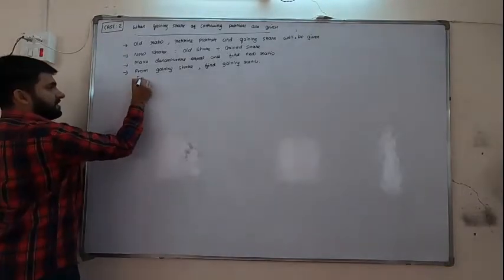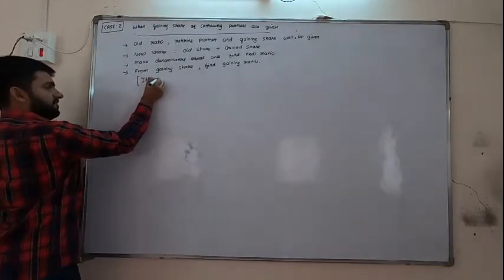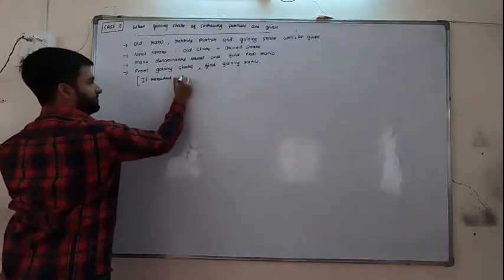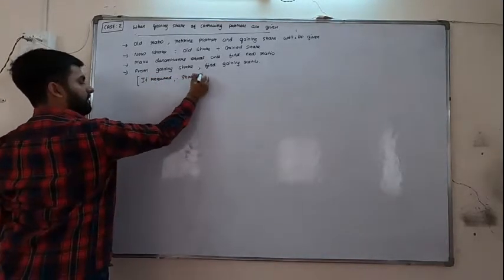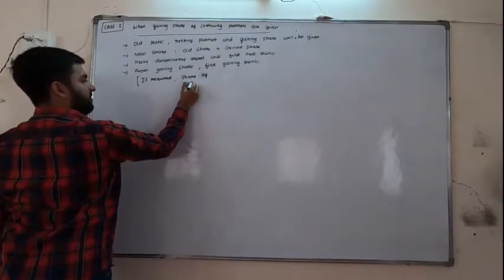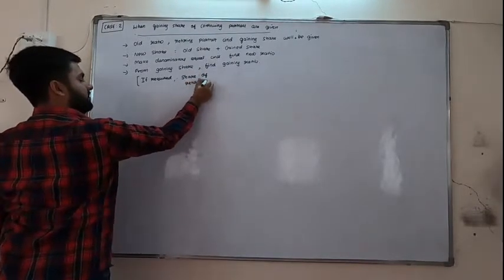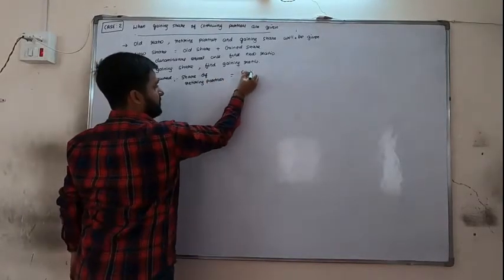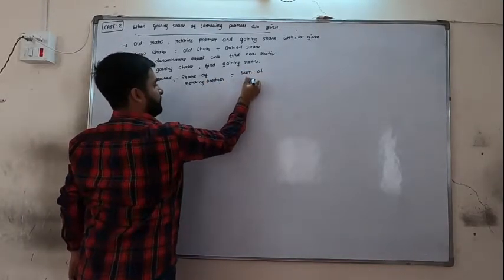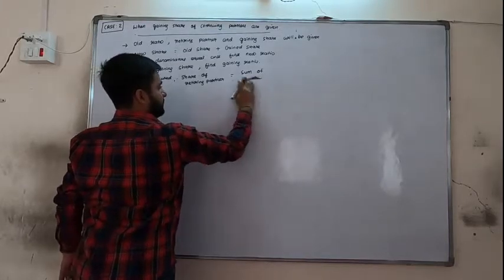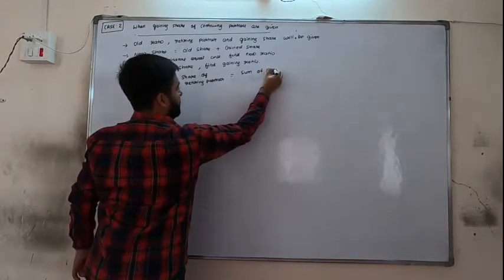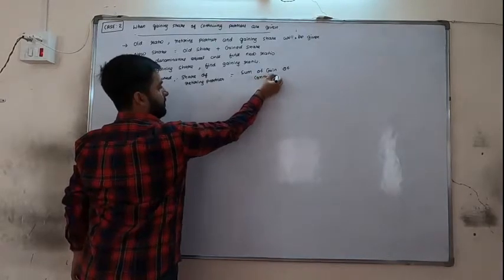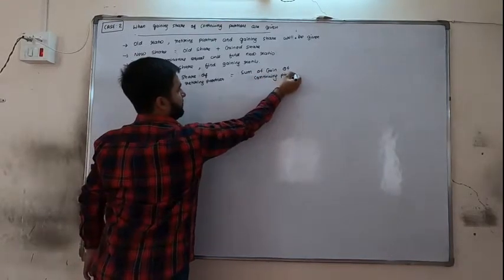And write one formula in brackets, if required: share of the retiring partner is equal to sum of gain of continuing partners.